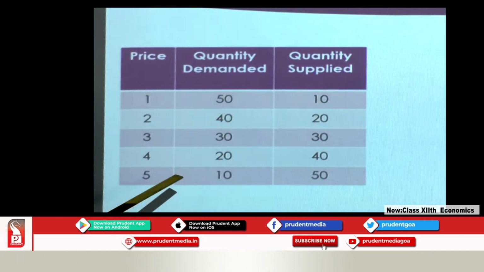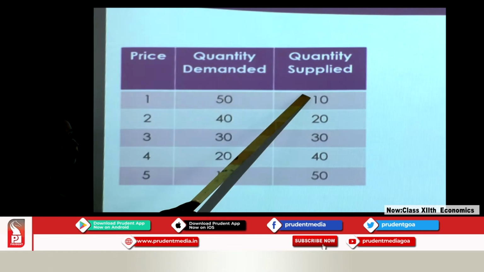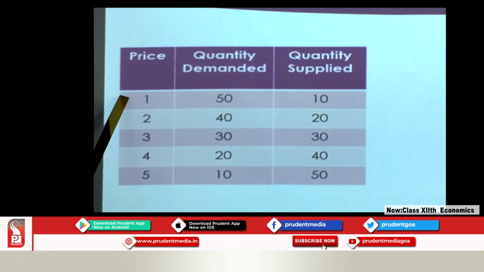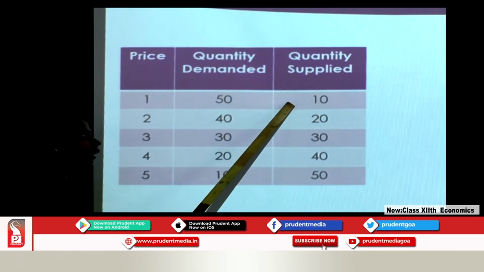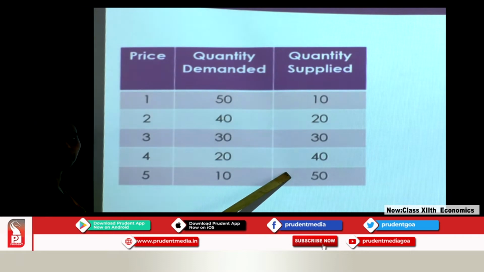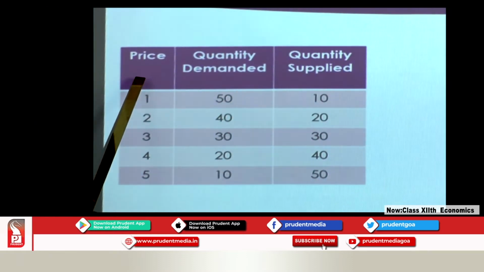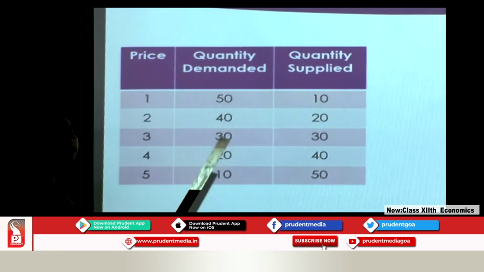So if we consider the first and the third column, that is the price and the quantity supplied, we find that with a continuous rise in the price, there is an increase in the quantity supplied by the seller. This shows a positive relation between price and quantity supplied.